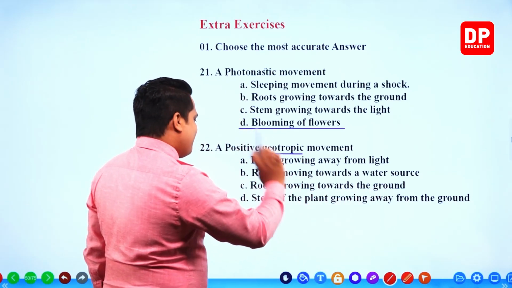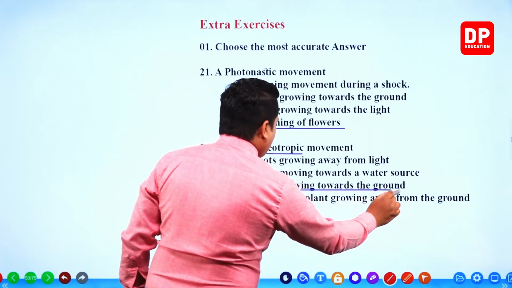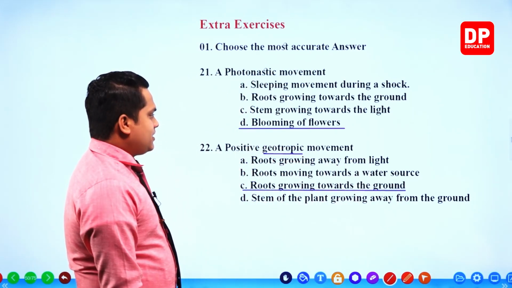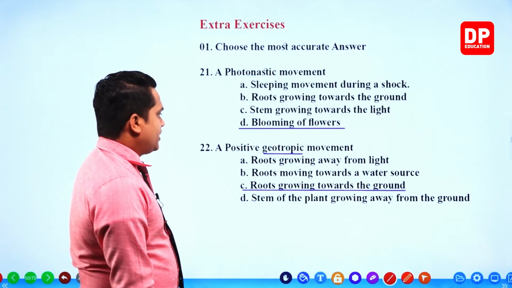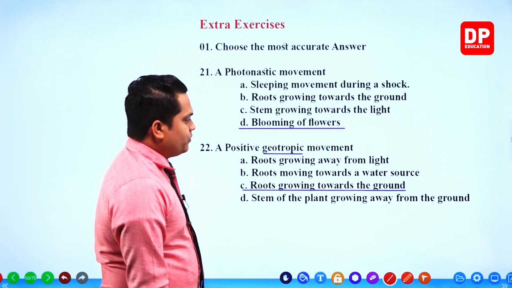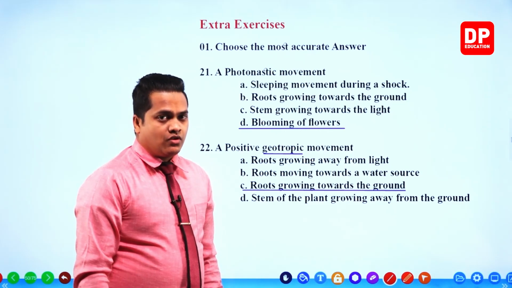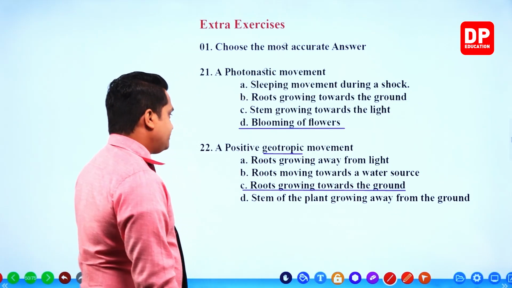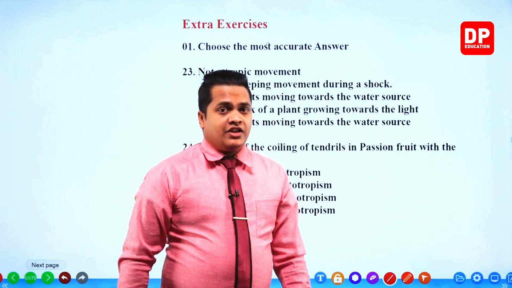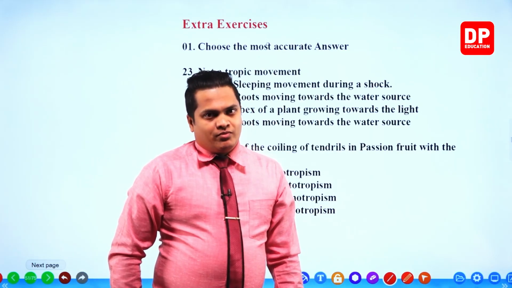So this is the one which reflects the positive geotrophic movement. The positive geotrophic movement is roots growing towards the ground. Next one: not a trophic movement. Then, my dear children, definitely it should be a nastic movement.